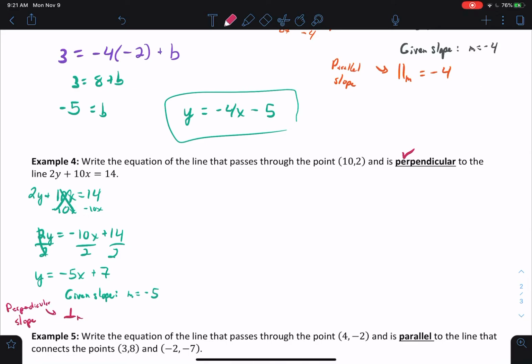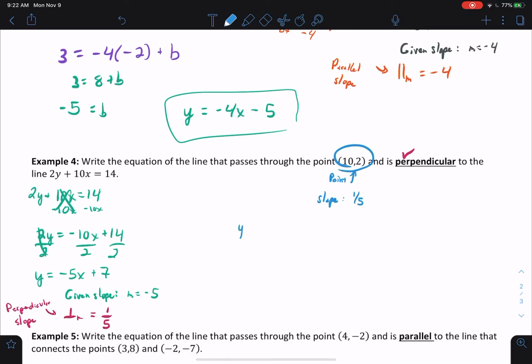It needs to be the opposite reciprocal. So what's the opposite of -5? +5. What is the reciprocal of +5? 1/5. So I have a point here, that's my point, and my slope is going to be 1/5.